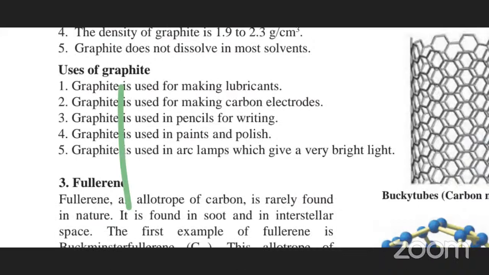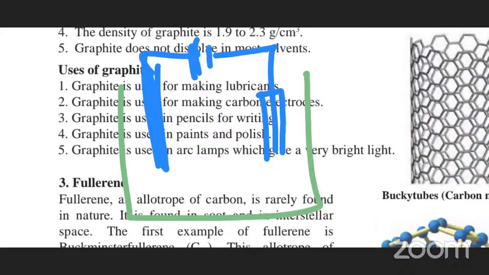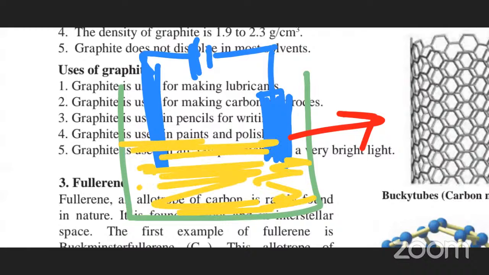I will show you the apparatus, how the apparatus is. So this is the apparatus in which these carbon rods are used, which are connected to an electrical supply. So these are carbon rods, known as carbon electrodes, which are used in chemical reactions. Whatever liquid is filled here, chemical reactions take place in it.